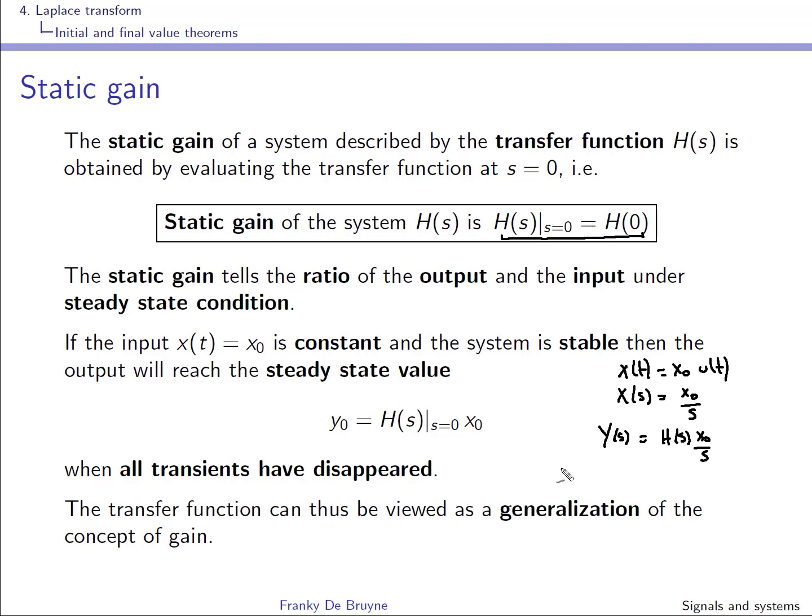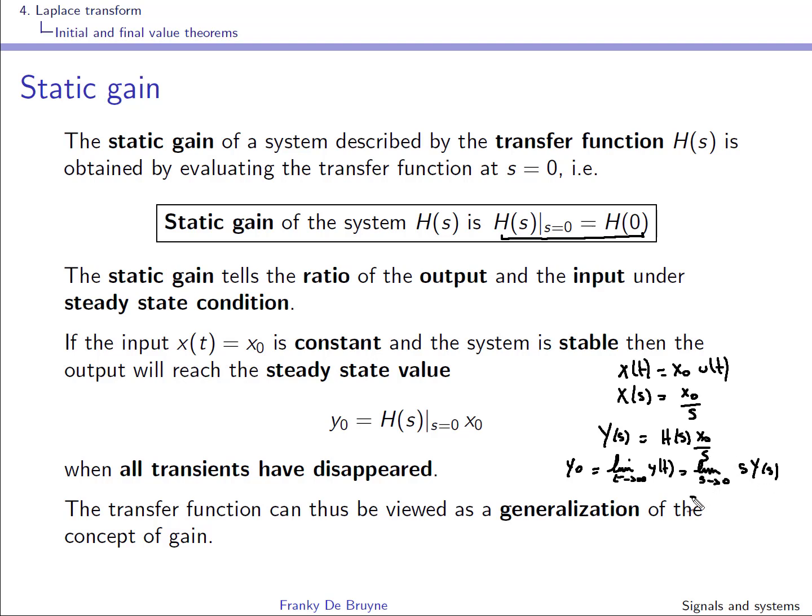We can now compute, and this is called y0 over here, maybe not the best name, the limit when t is going to infinity of y of t, and this is the limit when s is going to 0 of s y of s.